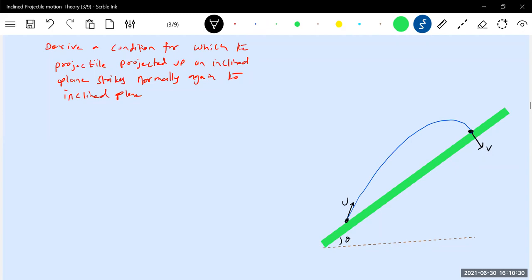Able to see this? It is in fact perpendicular here, no? At t equals 0, I projected. So let this be alpha. How are the angles alpha and theta related, or what are the conditions? We don't know anything. Okay, let's see what we'll get here. So at point B, it will strike normally.